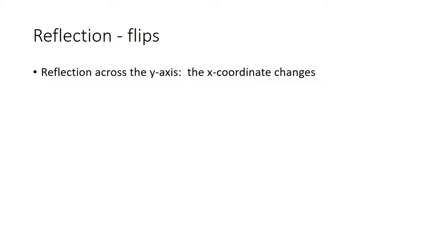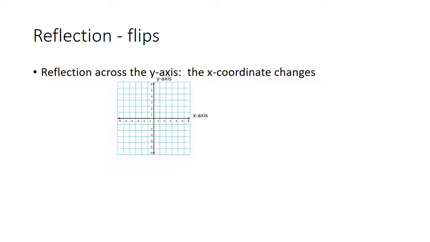So reflection is just going to be a flip. There are 2 ways that we're going to talk about doing it. It's reflecting it across the y-axis. When you do that, your x coordinate changes. So for example, let's say we had the point 1, 2. And we were wanting to flip that across the y-axis.